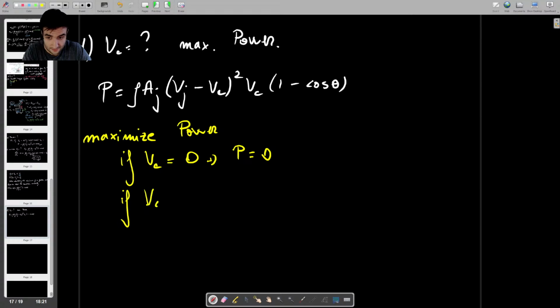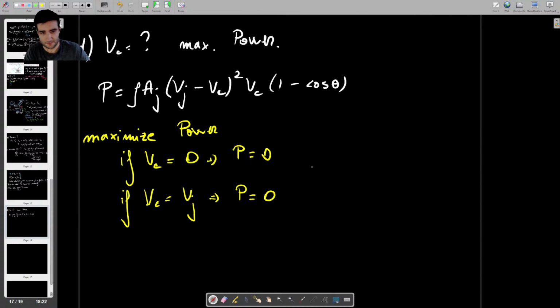Similarly, if Vc is equal to the velocity of the jet, the power is also 0. In that case, the cart and the jet are moving at the same rate, so once again you're not delivering any power. So the right answer in this case is most likely going to be somewhere in between.